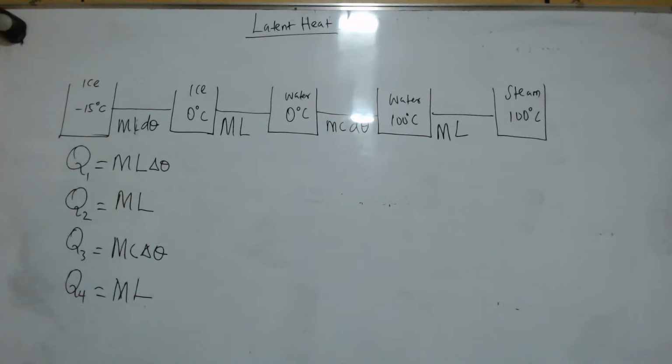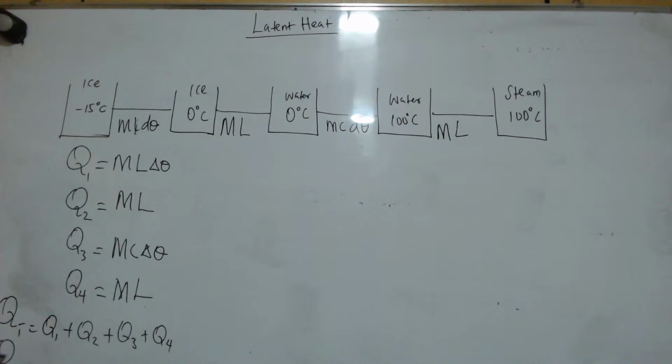So the total quantity of heat in the system will be Qt equals Q1 plus Q2 plus Q3 plus Q4.